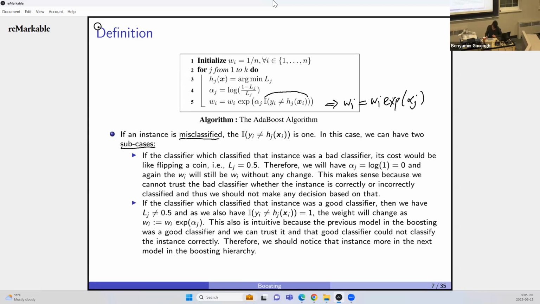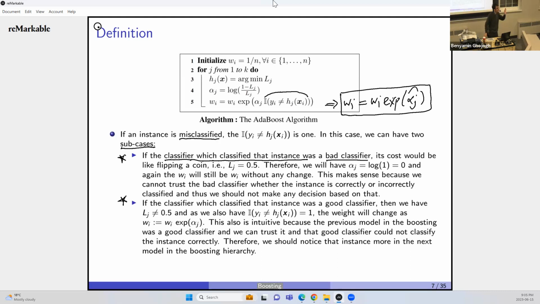Now two subcases. My classifier misclassified the point, and now I'm discussing whether I should trust this classifier which misclassified or not. As you see, in this case I'm updating wi. However, there is alpha j. We can have two subcases over alpha j now.